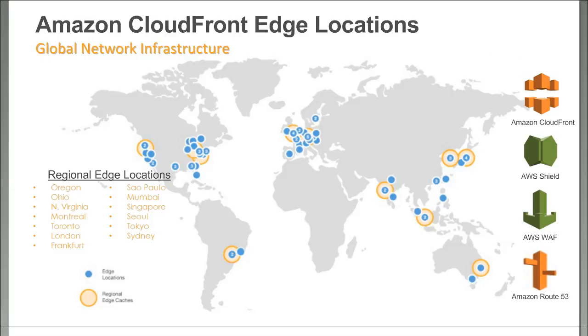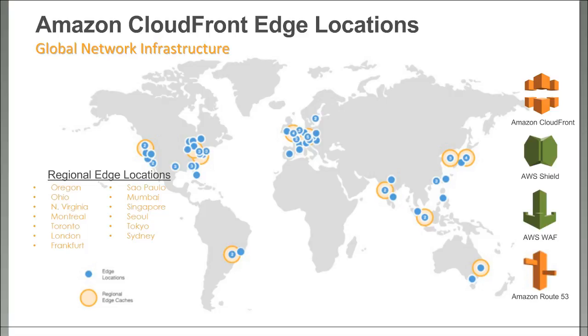So looking at the network a little closer, today the Amazon CloudFront edge locations are all over the world, and it includes 80 plus locations today. The edge location count continues to grow over time, and will continue to do so in the months and years ahead. We also have regional edge locations.